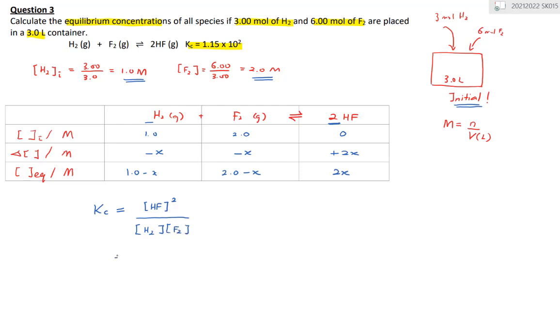So in this case, you just need to fill in what we have got at the equilibrium. Equilibrium concentrations is what we are highlighting here. Then fill in the blanks. For hydrogen fluoride, (2x) squared. For H2, we have 1.0 minus x. For F2, we have 2.0 minus x. And the value of Kc is given in the question, 1.15 times 10 to the power of 2, which gives you 115.